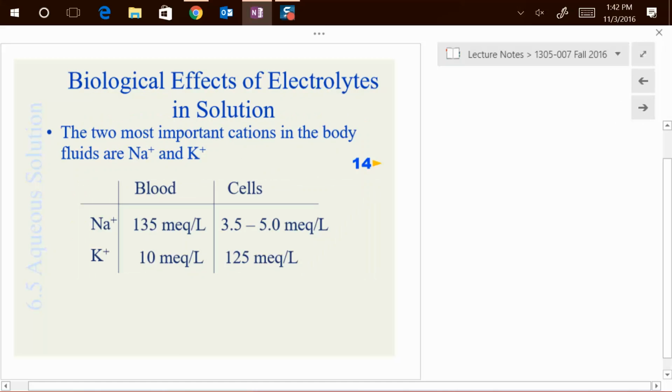Okay, so these are some important ions that are in your body. Sodium, potassium, you have to have these things. Sodium and potassium are very important because they are found in your nerve cells. There's a pump called the Sodium-Potassium Pump in your nerve cells, and it creates a differential charge between the inside and outside of the cell.